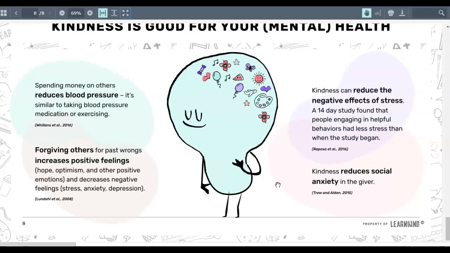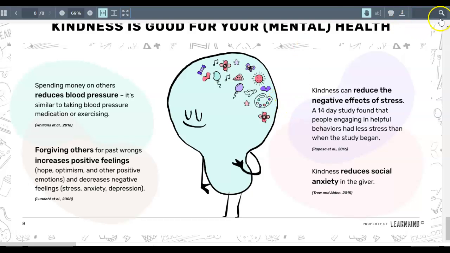I was not that person who was going to be outgoing and go up to people and introduce myself. But maybe the idea of being kind to someone can help you with that, because there's going to be less chance that they will make fun of you, or less chance that they will reject your friendship or your introduction if you're showing them some kindness. Okay? So it reduces some social anxiety in some situations.